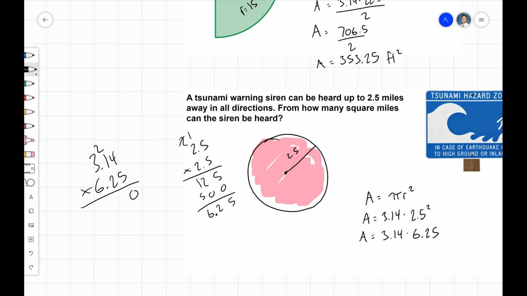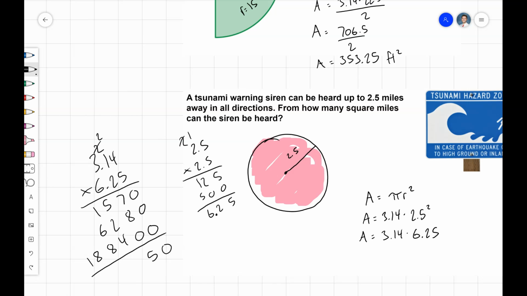5 times 4 is 20. 5 times 1 plus 2 is 7. 5 times 3 is 15. 2 times 4 is 8. 2 times 1 is 2. 2 times 3 is 6. 6 times 4 is 24. 6 times 1 plus 2 is 8. And 6 times 3 is 18.